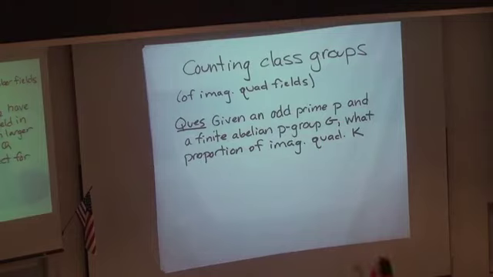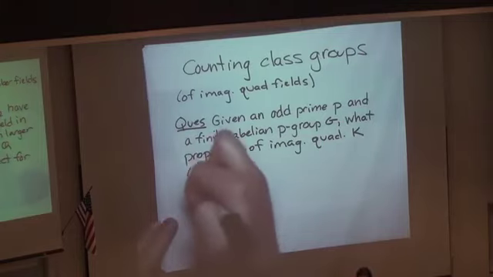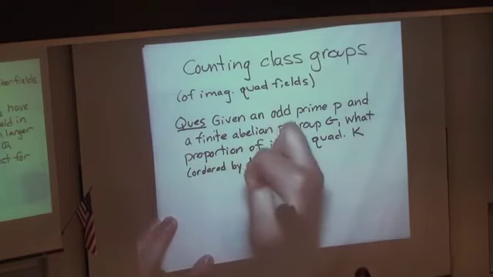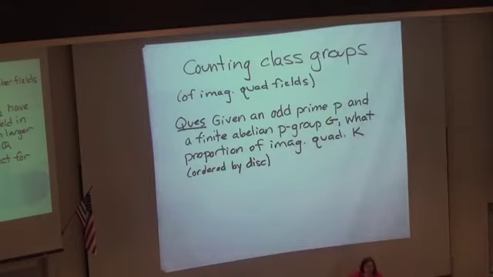When I ask this, I'll say here ordered by discriminant. That always means that I'm taking the discriminant up to x, looking at the proportion up to that, and then taking the limit of the proportions, like we've done over and over.